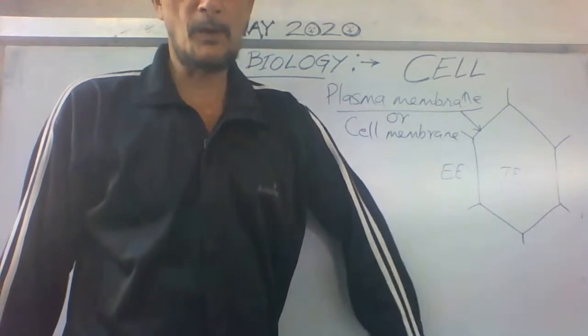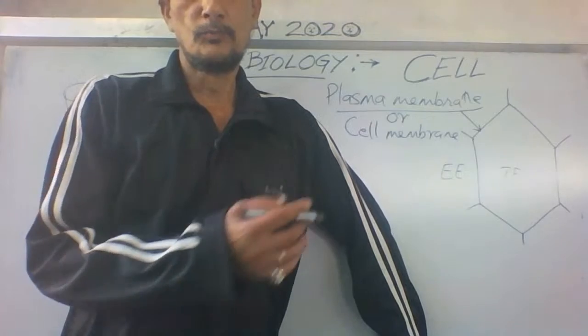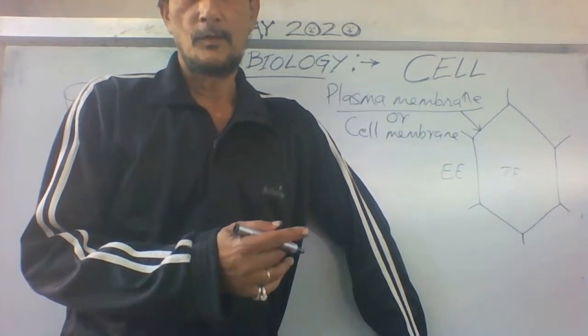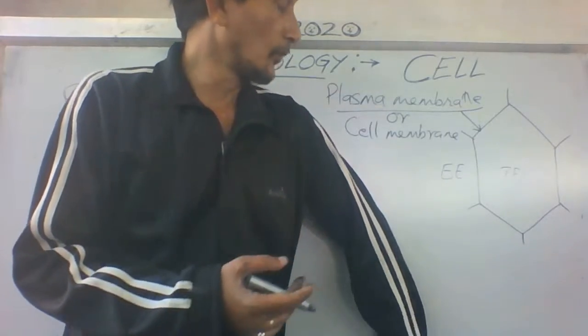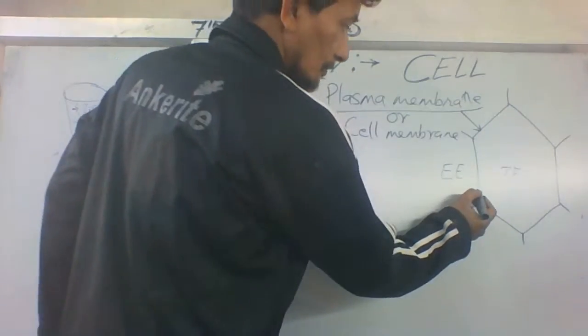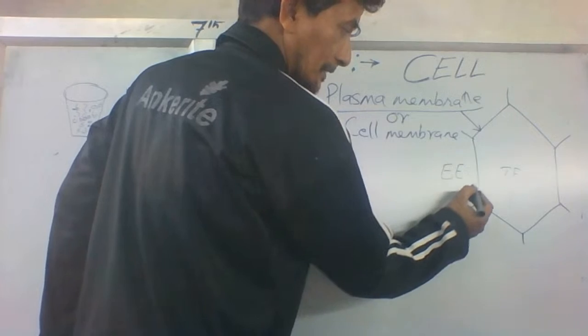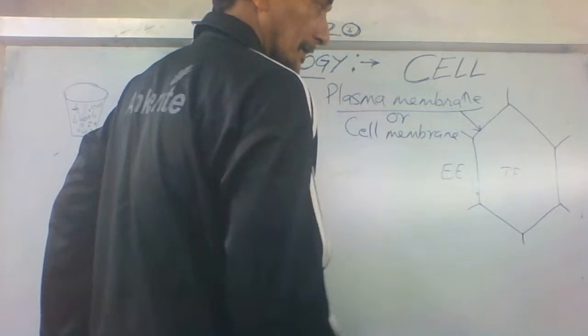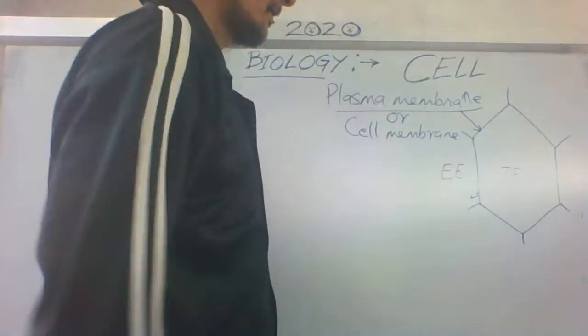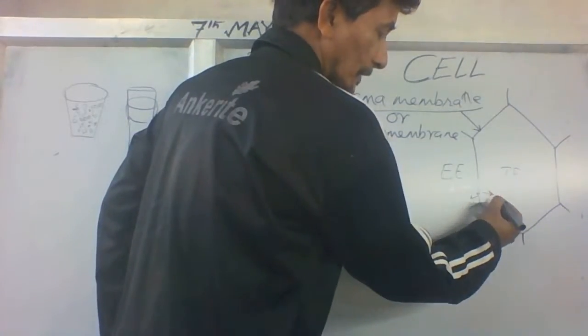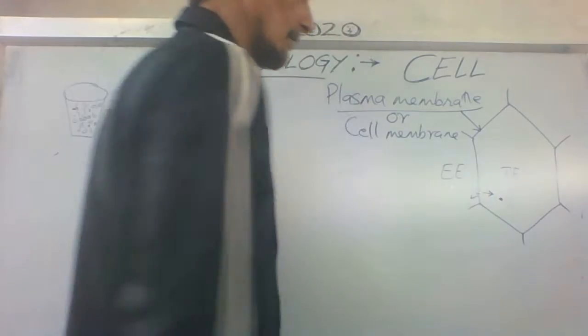It also stops some of the materials from moving inside. They will remain outside. Suppose this is a small particle and this is a bigger particle. This will not go inside, this will go inside, and this will go inside here and reach here.